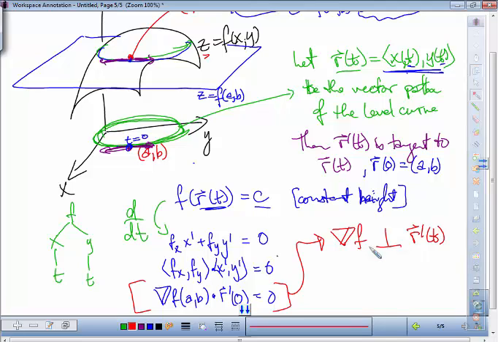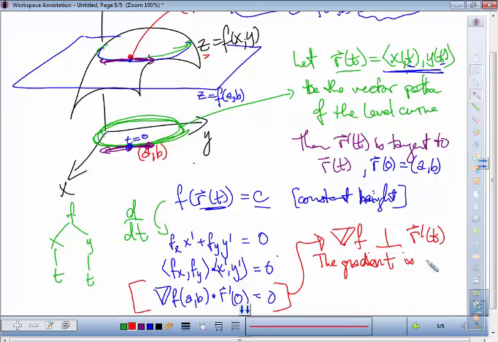So let's focus on this a little bit more and see if we can say it in words, generalize it. So the gradient, that's that first vector.